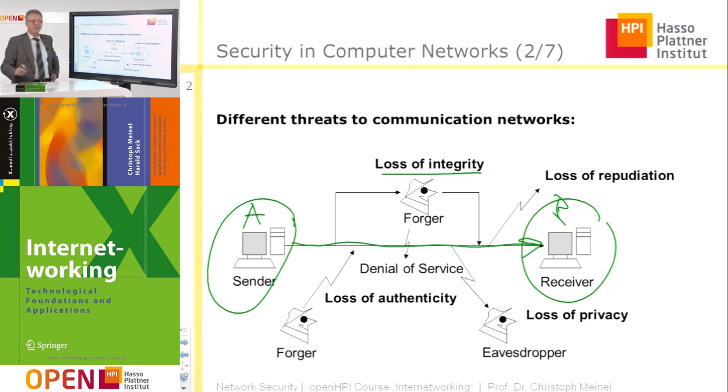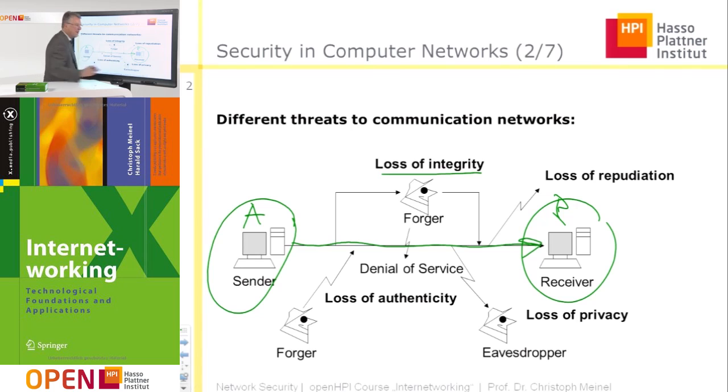It is also possible that the attacker, the forger, manipulates the email sent from A to B. If the email is sent unencrypted, and if changes are made in the Internet, for example the bank account number of Alice is replaced by the bank account number of the forger, the criminal person, then the integrity is lost.